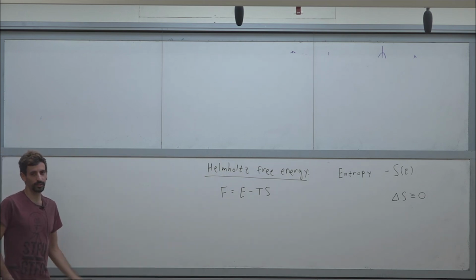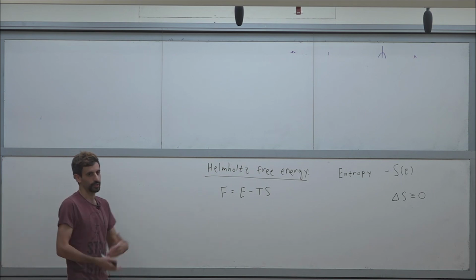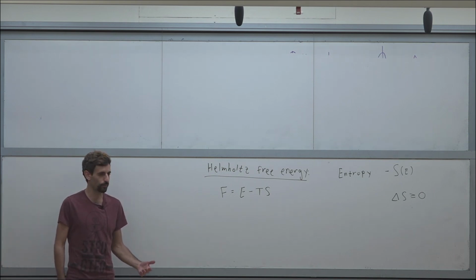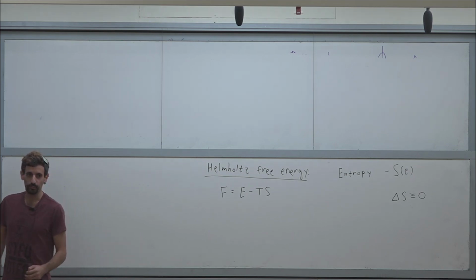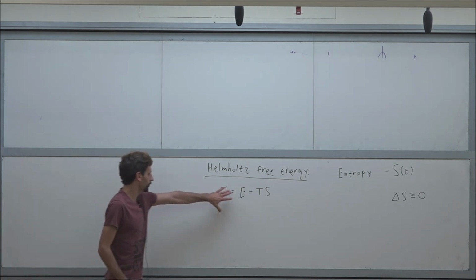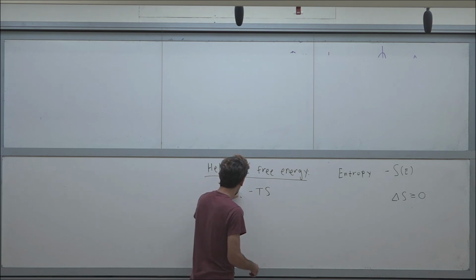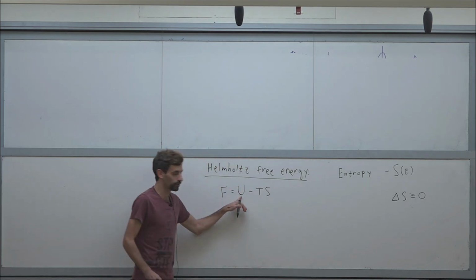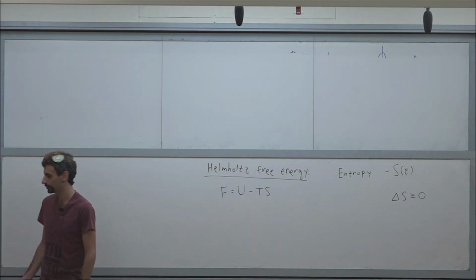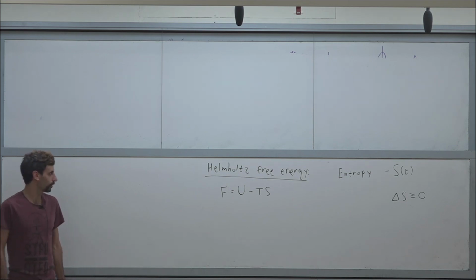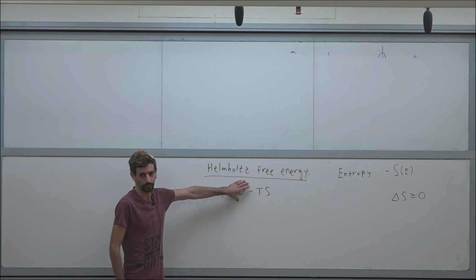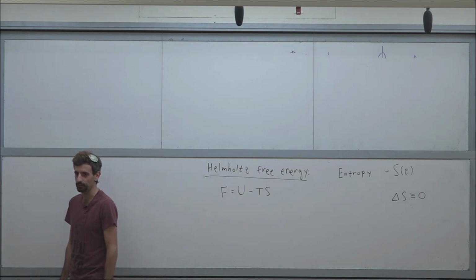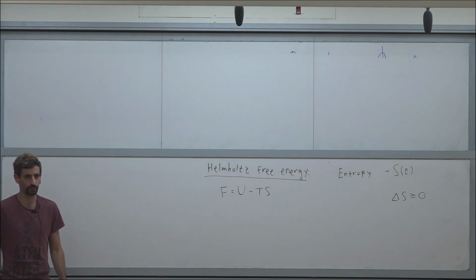And what does it mean? It means that in a thermodynamic process, it's not true that the system tries to have minimum energy, like this energy, or maybe I'll write it as U minus TS, where U is the internal energy. So it's not true that U always needs to be minimized, like in mechanics, where we said the energy is supposed to be minimum.